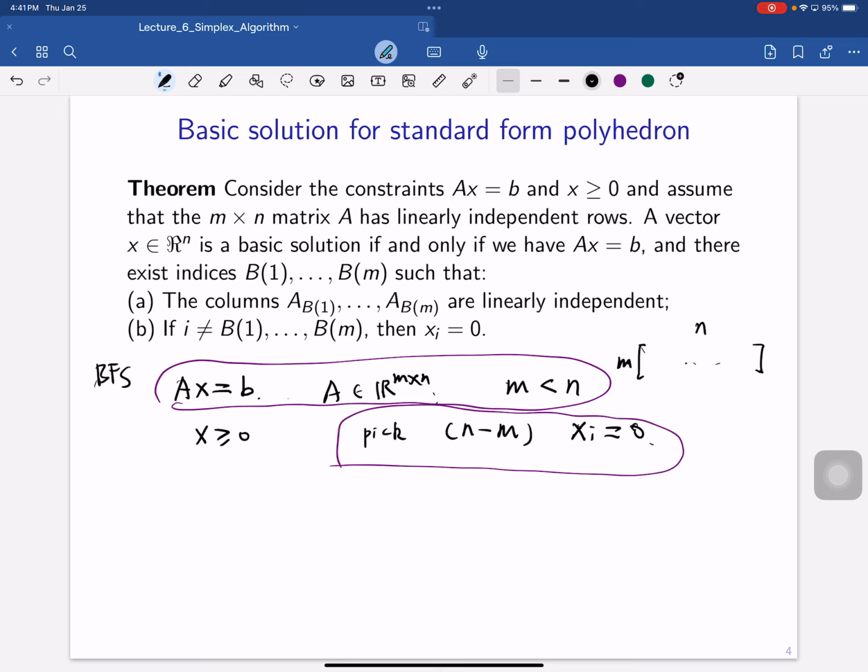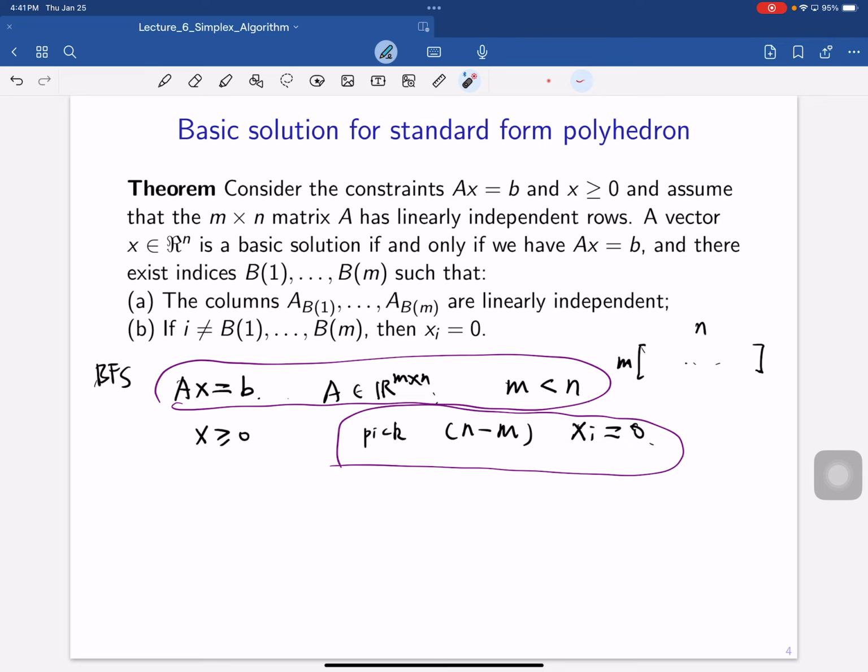So what this theorem says is we can always pick some columns of A, m of those. They are linearly independent. And if the columns were not picked, then we have to set xi equal to 0, right? It's an equivalent statement to the basic feasible solution we stated here, right?